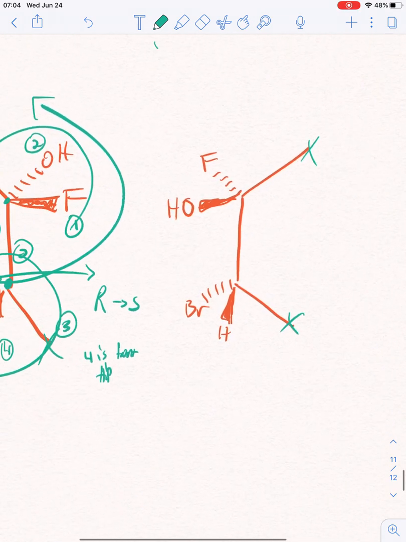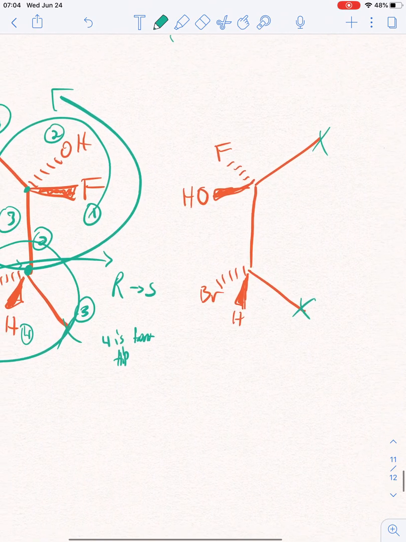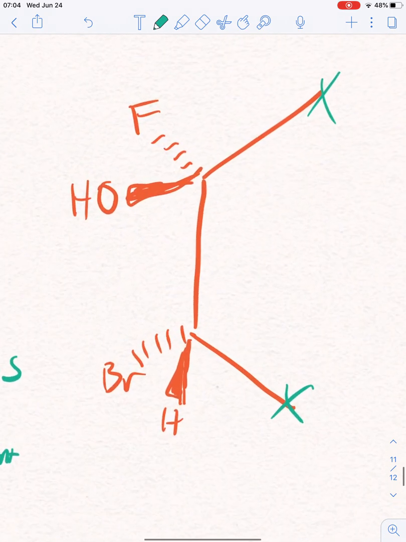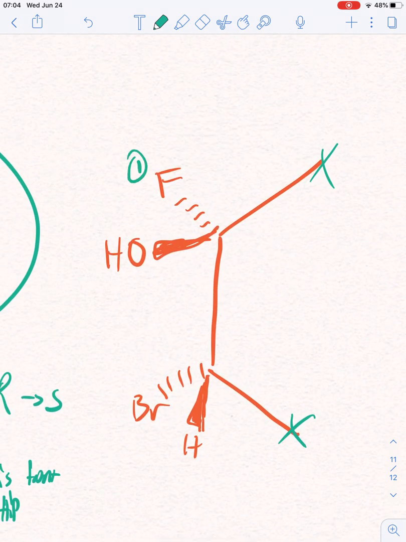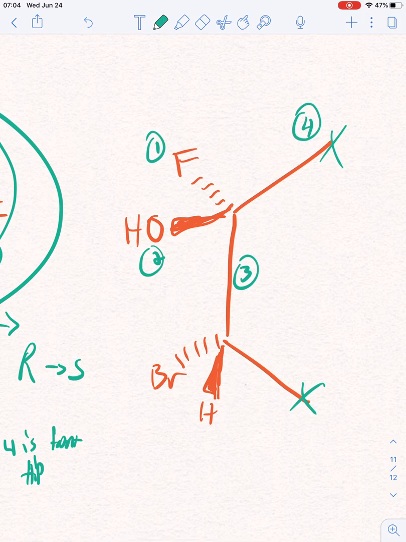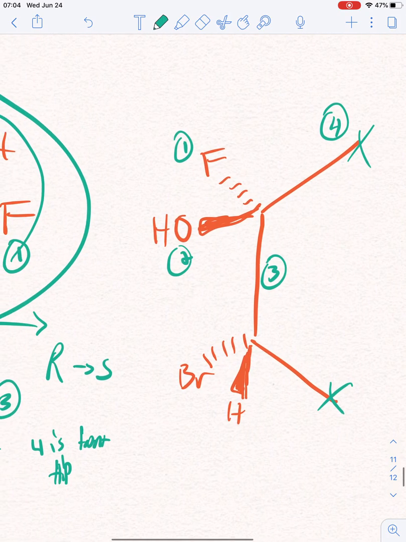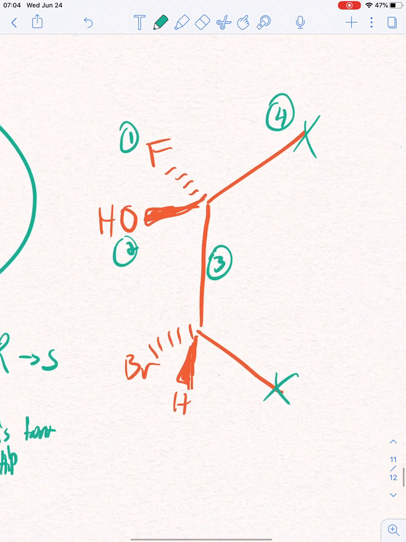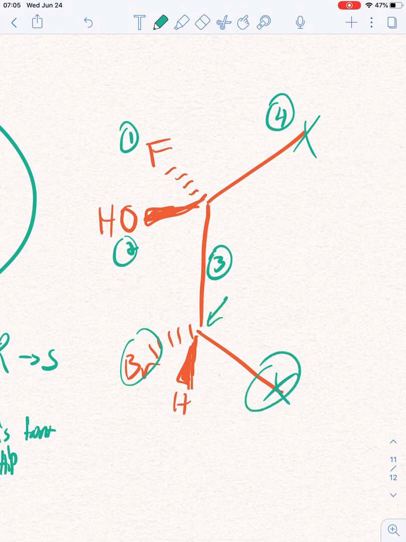Okay, so this one. First priority, fluorine. Second priority, oxygen. Third priority, this one. Fourth priority is over here, right? For the same reasons: fluorine weighs more than oxygen, and when we get to 3 and 4, this carbon has a bromine, a carbon, and that weighs more than all 3 hydrogens.